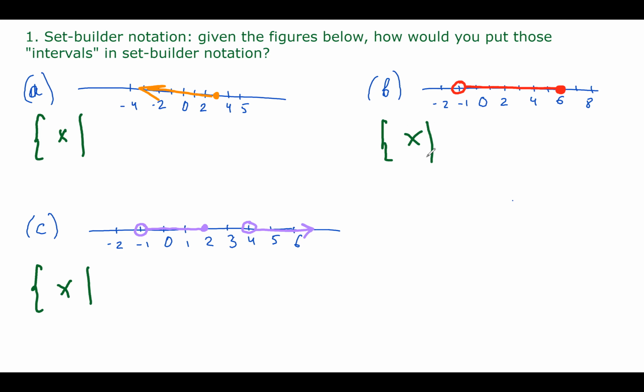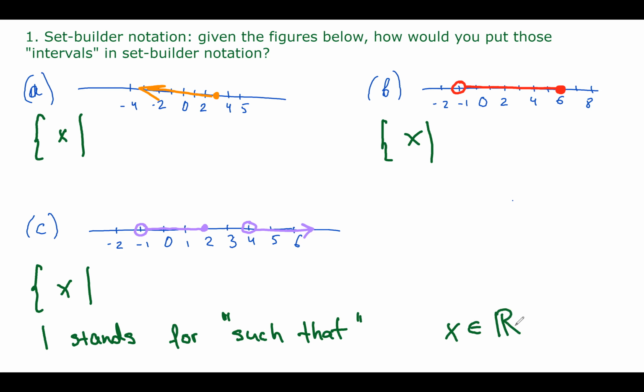The bar stands for such that. So all the X's such that. And then what we usually are required to do if we are dealing with the real numbers is say that X belongs to the set of all real numbers.